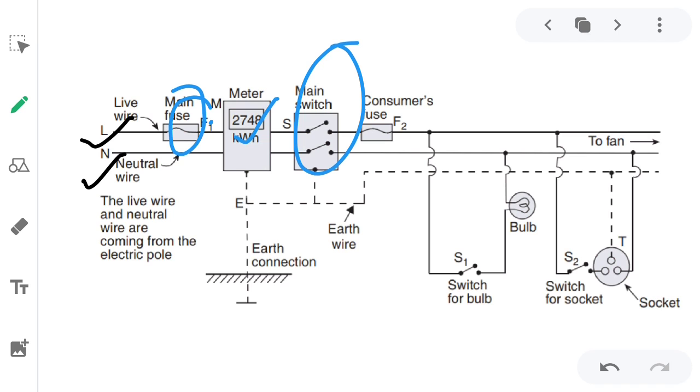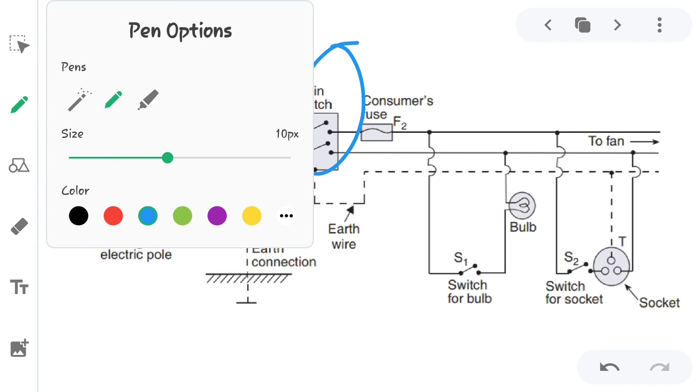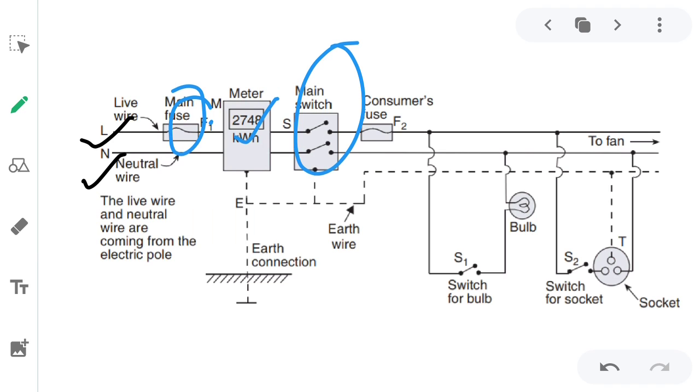After these three connections, the wire finally comes to your fuse which is present in your house. It works as a safety device in our home, that fuse F2 you can see here, and from there the connection comes out and we connect different electrical appliances in parallel or in series, that completely depends on us.